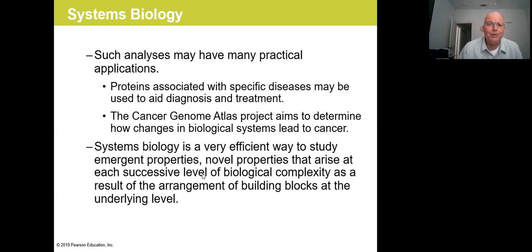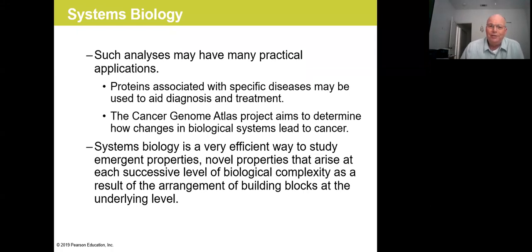So there are a number of different ways of looking at this. We talked about personalized cancer treatment. This is another example of systems biology at work, where you take a look at an individual's cancer and you take a look at the unique set of mutations that have led to that particular cancer in that particular individual, and you base your treatment on those sequences, on those mutations, because different types of cancer respond to different types of drugs on the basis of what genes have been mutated, and there's no point in using a drug that's not effective against the particular combination of mutations that have caused that cancer.